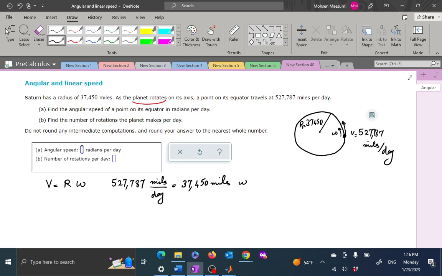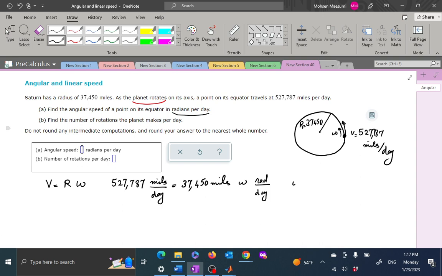So what would be the dimensions of omega in this case? Miles and miles cancel, and what we get is radians per day. And thankfully that is what we are asking for here.